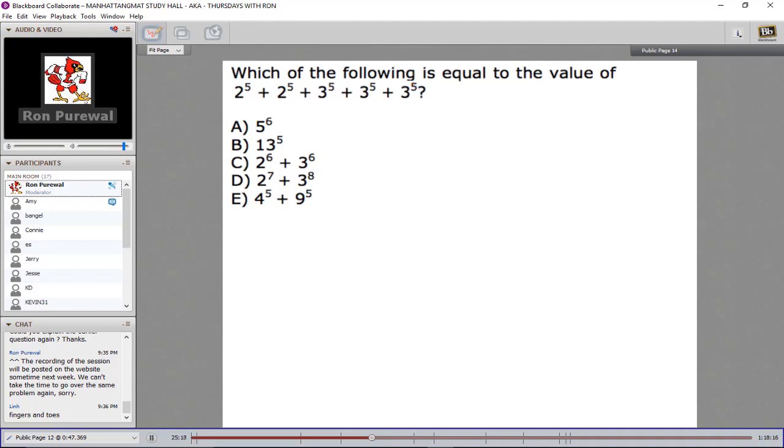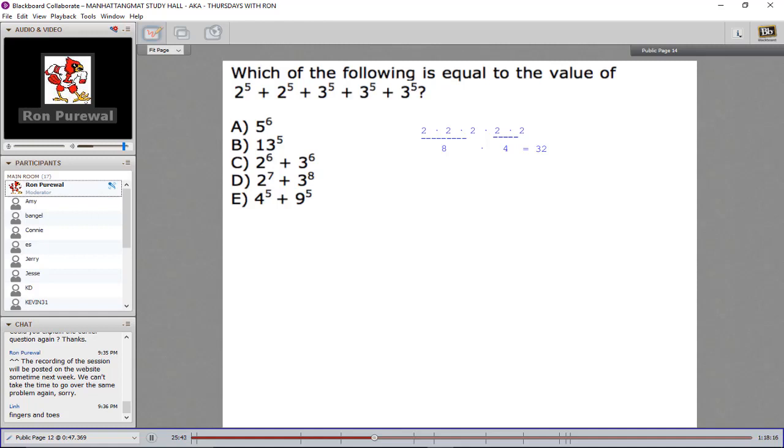So 2 to the 5th is 2 times 2 times 2 times 2 times 2, so this is 8, and this is 4, so that's 32.